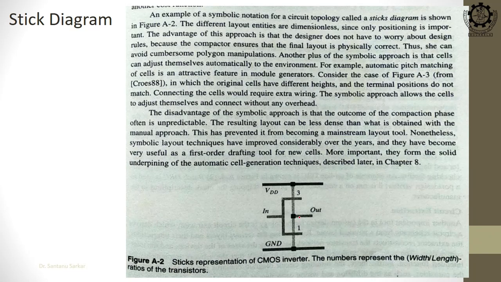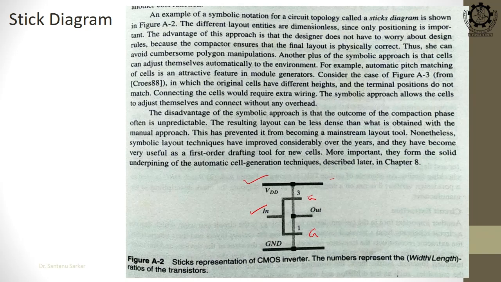Okay. So, this is an example of a stick diagram, where this upper line is of a different color. In this picture it is not visible. So, this is your VDD line, this is your PMOS, and this lower one is your NMOS, right. So, this is the gate of the PMOS, this is the gate of the NMOS, they are shorted to input, right.